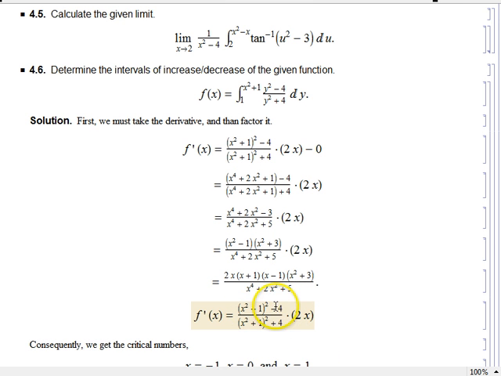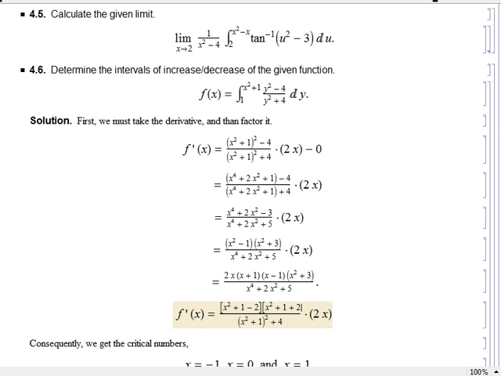So this is an a squared minus b squared form. So x squared plus 1 minus 2, and then x squared plus 1 plus 2. If you have an a squared minus b squared form, then it's the same as a minus b times a plus b.